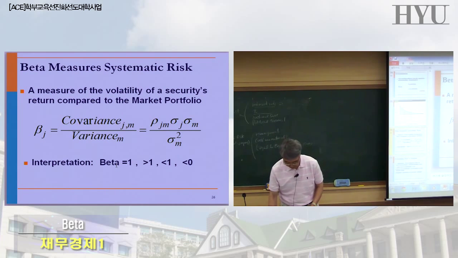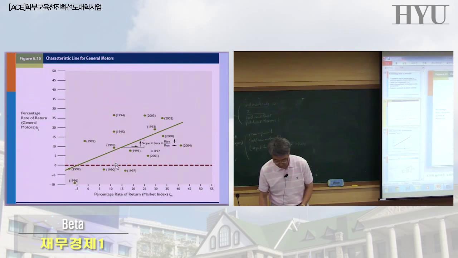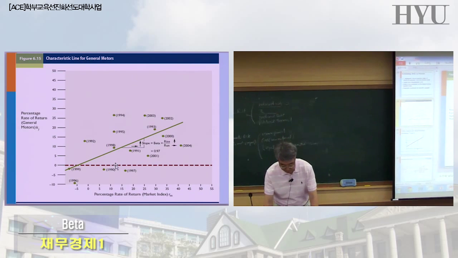Okay? So here, in this graph, we're talking about the rate of return on GM stock, General Motors, right? Starting from 1990, looks like 1990 is the earliest year, to maybe 2000, right here, 2000, 2004, right?